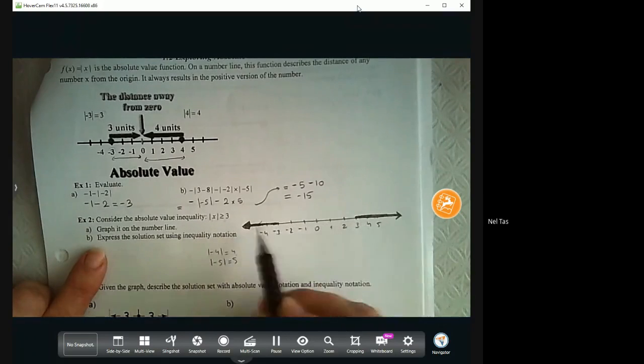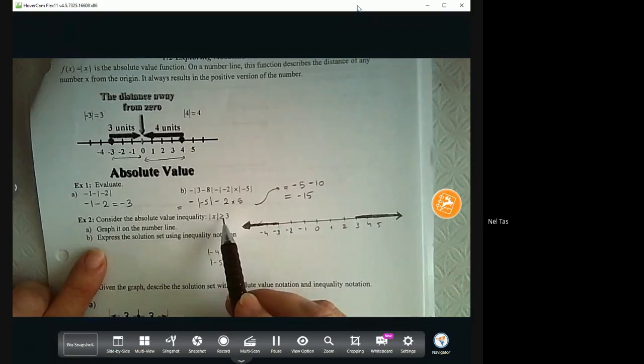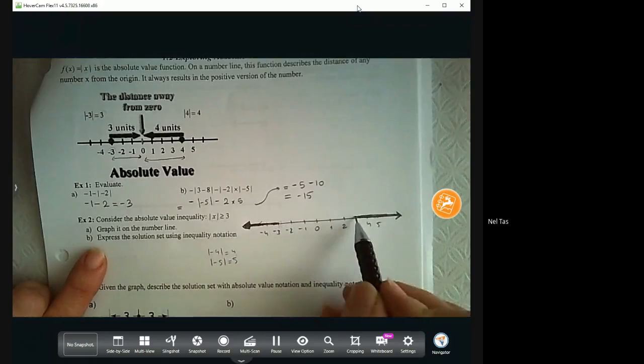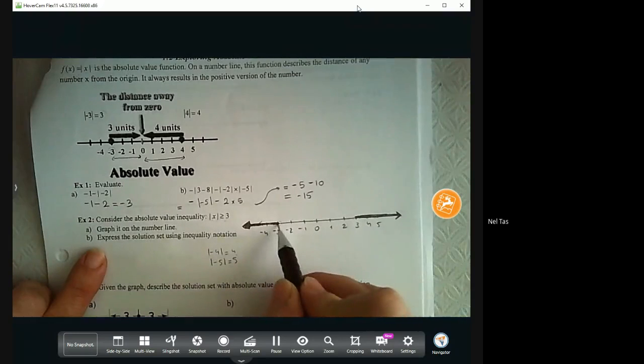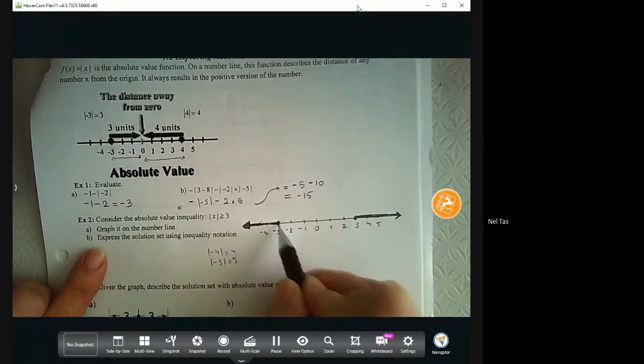Now you have to decide about exactly -3 and 3. If this was only greater than 3, then you would put holes here. But it says greater than or equal to, which means -3 and +3 are included. Okay, so that's how we graph it on the number line.